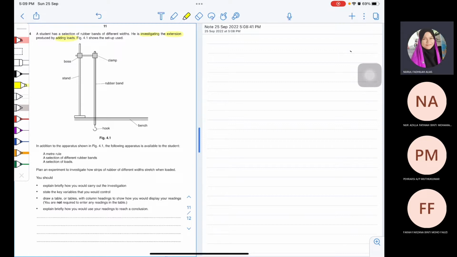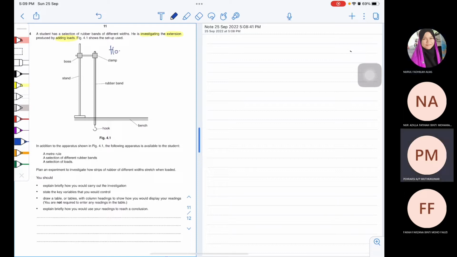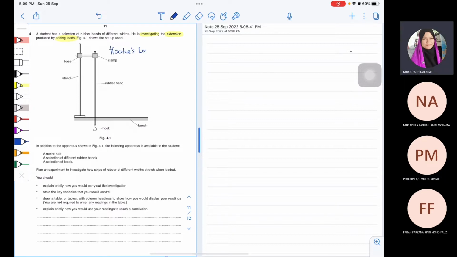Okay, so it seems that this is the topic Hooke's law. Investigating two physical quantities, extension, X, and load.